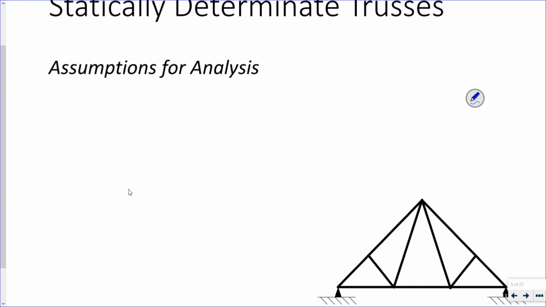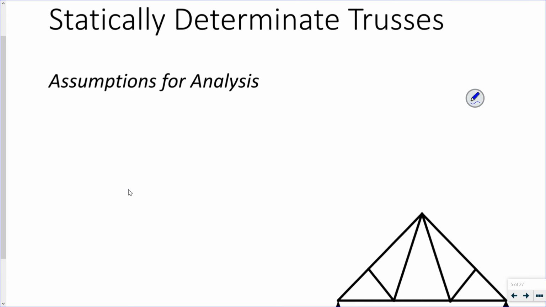Some assumptions for my analysis of statically determinate trusses. One, we assume that each connection is a pinned connection. If you remember, pinned connections can only transfer force. They can't transfer moment.